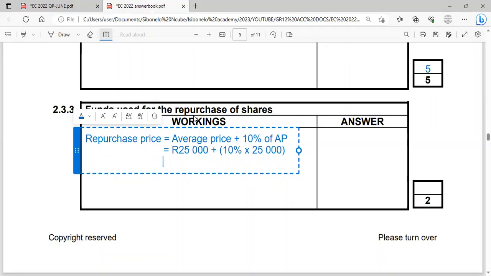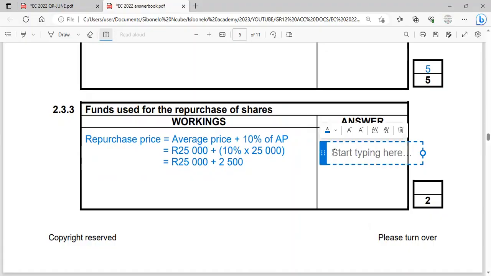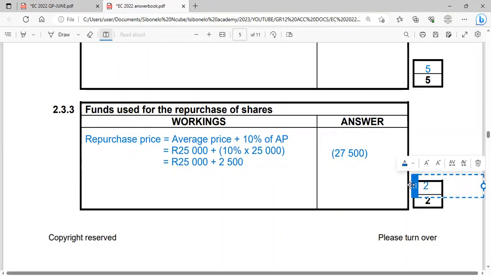So 25,000 plus 10% of 25,000, which is 2,500. So 25,000 plus 2,500 will give us 27,500. So we're gonna write the answer on this side. 27,500. Guys, this is an outflow, because when the company buys back shares, the bank balance is reduced, so it's an outflow of cash. So guys, this is for 2 marks.